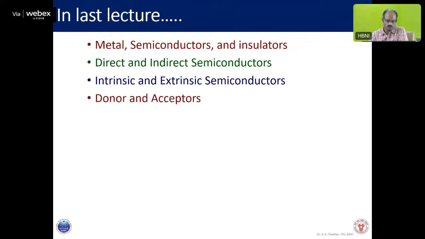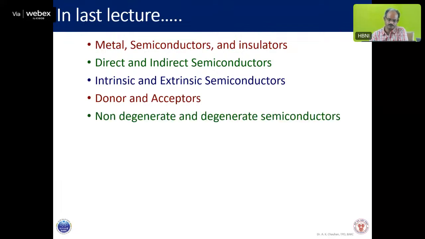Then we saw donor and acceptors. Donors are basically those impurities which donate electrons, and acceptors are impurities which take electrons from the system. Then we saw non-degenerate and degenerate semiconductors. When we say non-degenerate, it means the doping is low, and for degenerate the doping is very high.